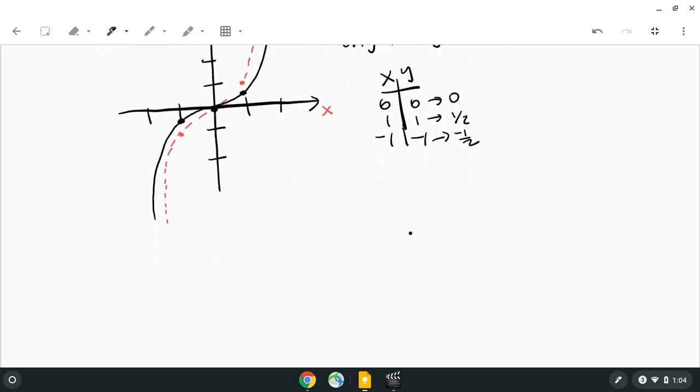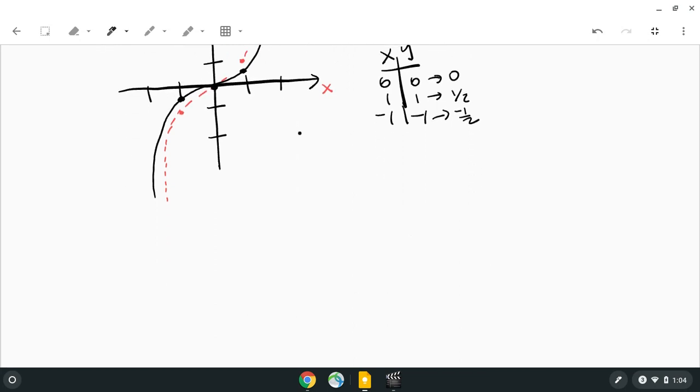So let's put all three of them together in one problem and graph this: y equals -2 times the absolute value of x plus 1, minus 1.